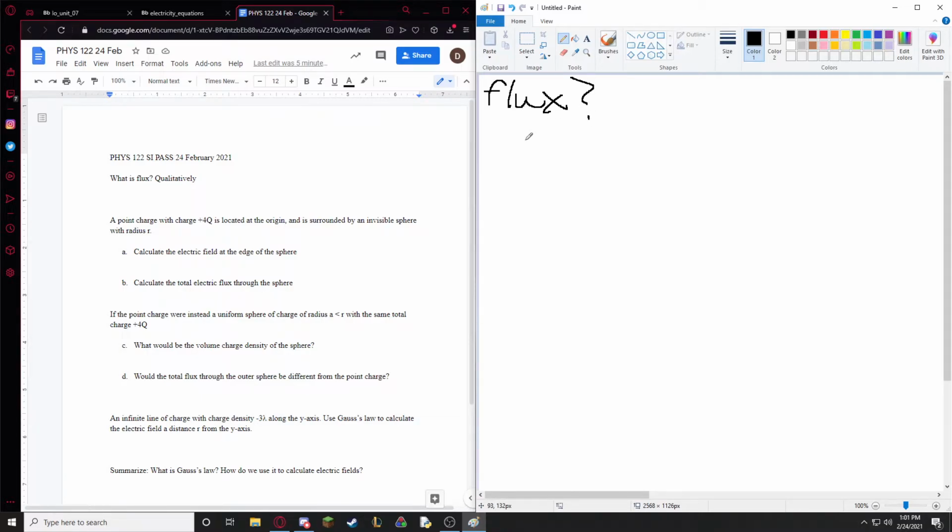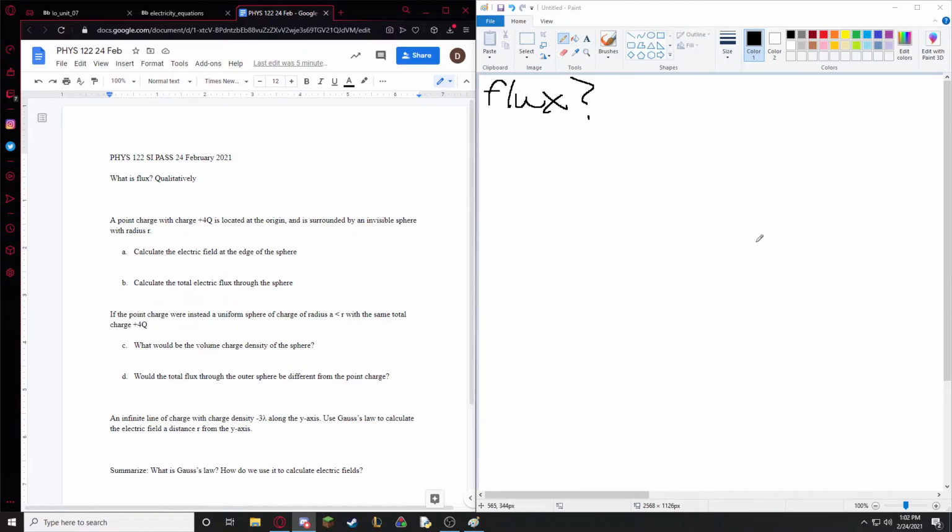What is it? So flux has something to do with the electric field lines, right? Something to do with electric fields.